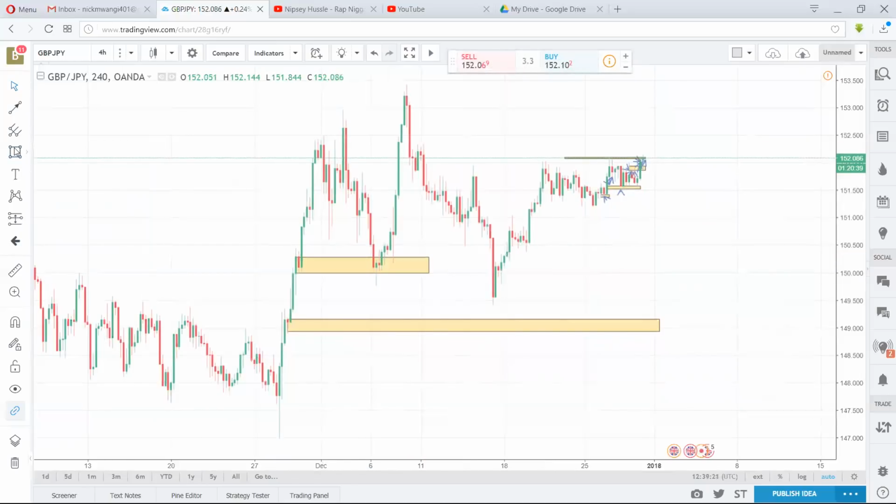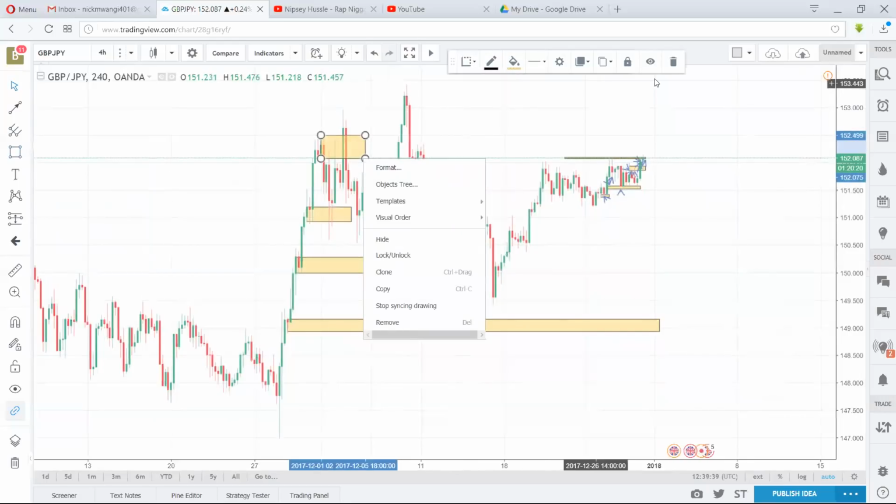I'd actually do the same thing over and over again and just come draw the zones. Same thing for the supply zone. Okay, this one sort of was broken, so I wouldn't consider it.